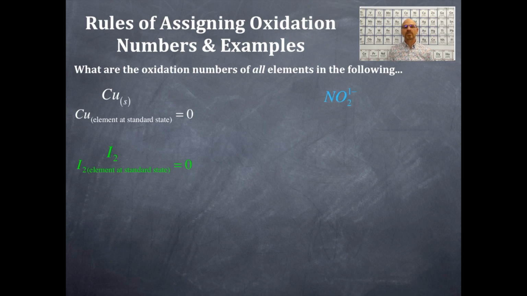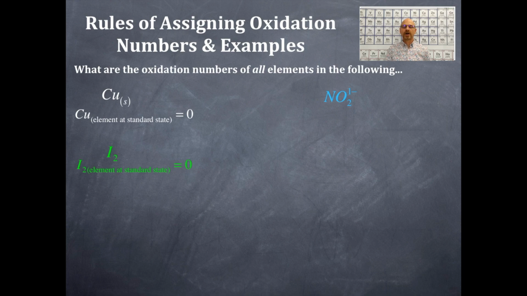Okay, then we have this polyatomic ion of nitrite. This is the nitrite ion. This is NO2 minus 1. So the first thing that we need to do is go back to that previous slide and look at the rules for oxidation numbers. So there are certain elements which have certain oxidation numbers, and then we can obtain the other ones from that. And one of those elements is in this polyatomic ion, and that is oxygen.